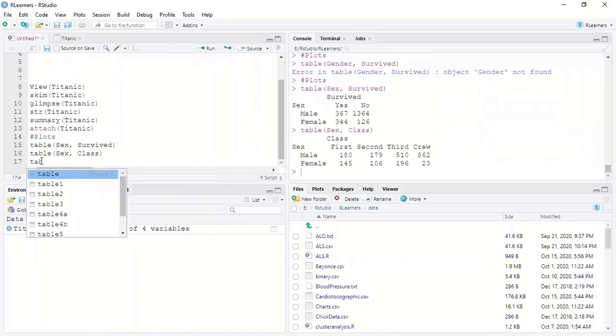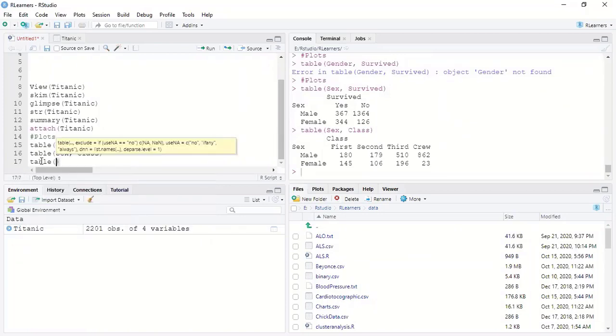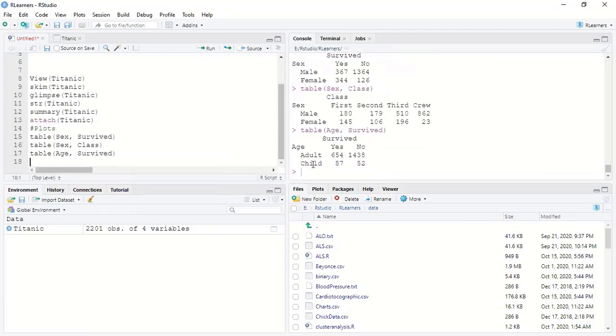Let's also do a table of age, whether you are a child, you had more chances of survival than being an adult. Okay, let's see. So as an adult, how many survived? 654 adults survived, but 1,430 did not survive.